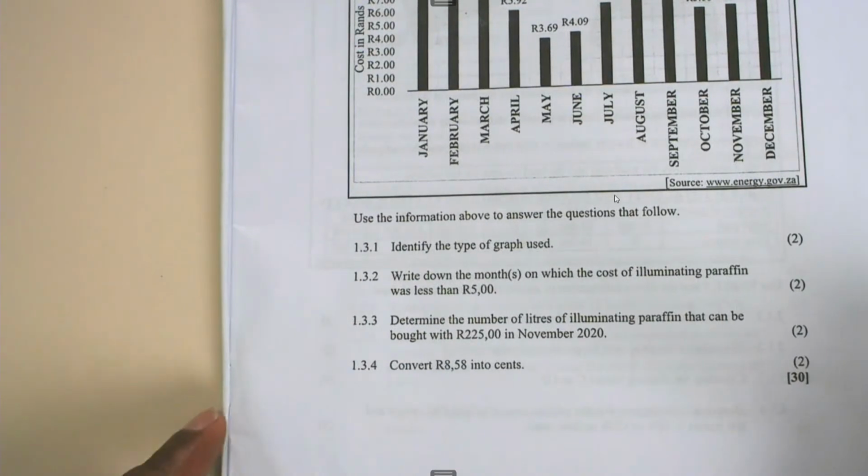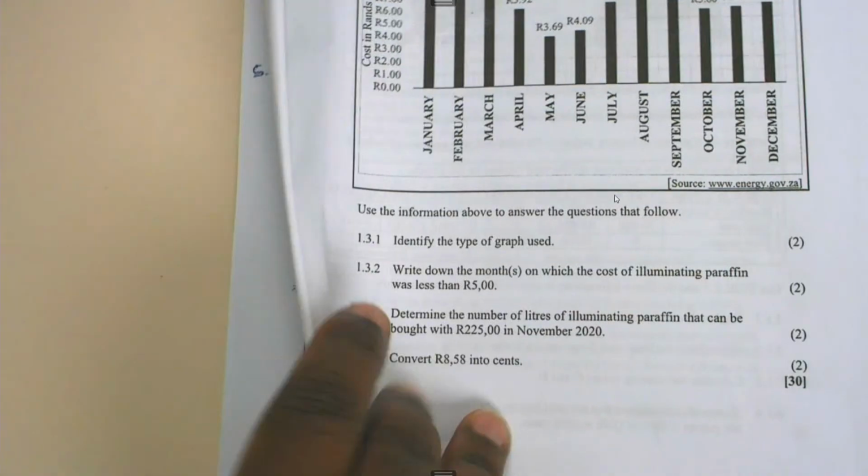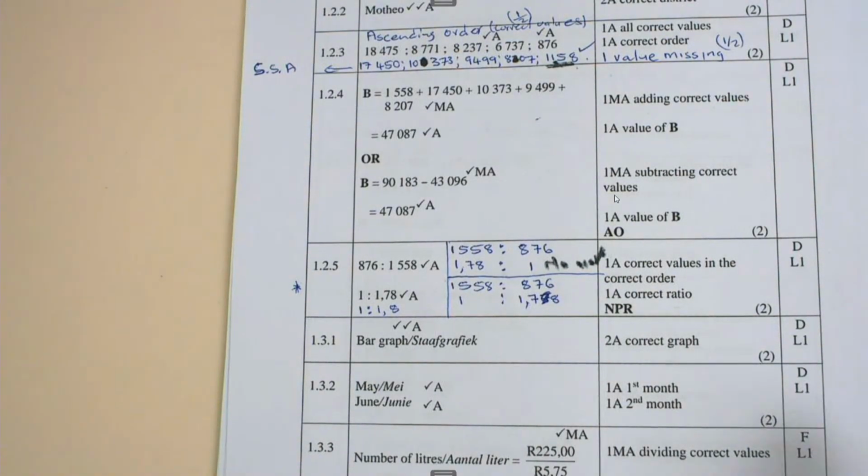And then 1.3.3. It says, determine the number of liters of paraffin that can be bought with 225 rand in November 2020. Now let's look at that.